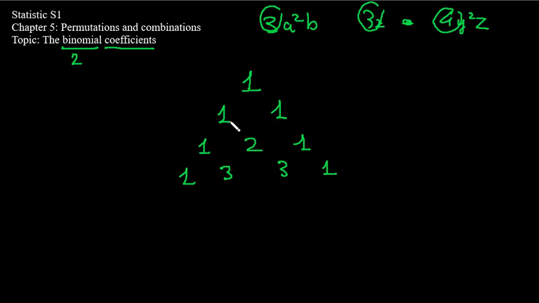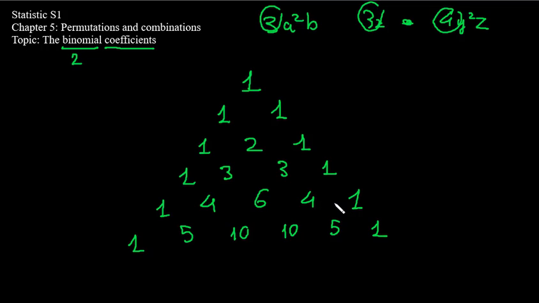How we can write it is that 1 plus 1 is 2, 1 plus 2 is 3. And we all start with a 1 and finish with a 1 in a line. 1, 4, 6, 4, 1. Here is 1, 5, 10, 10, 5, and 1.